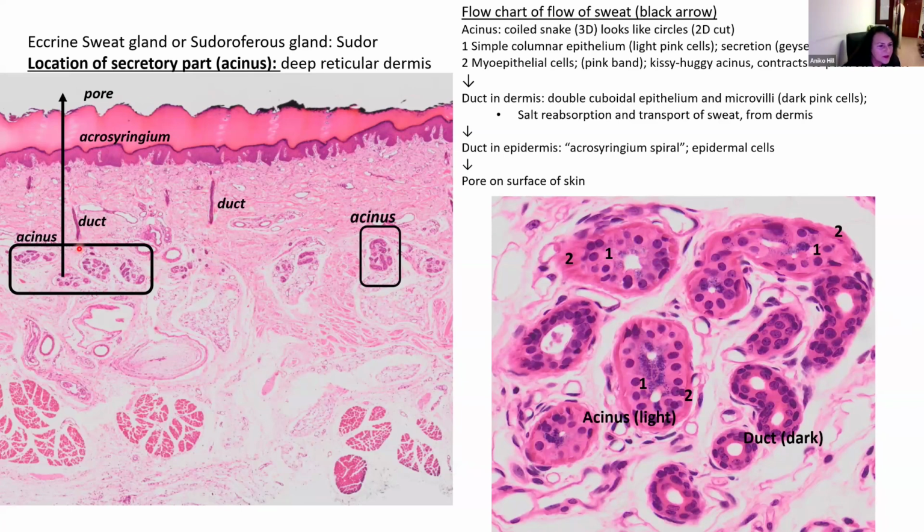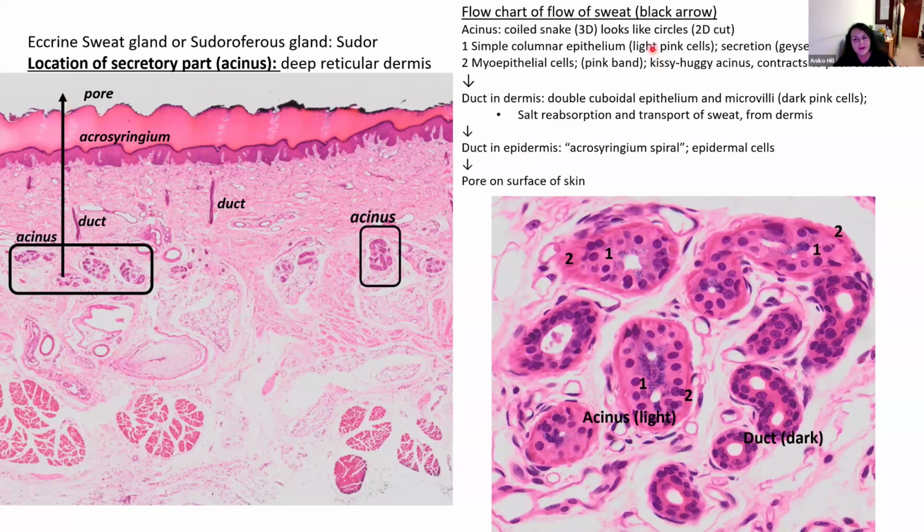So let's say this duct is maybe the duct of this gland, traveling through the entire dermis, and eventually it has to travel through the entire epidermis, and it has this spiral duct structure, what we call the acrosyringium, and ends up in the pore.